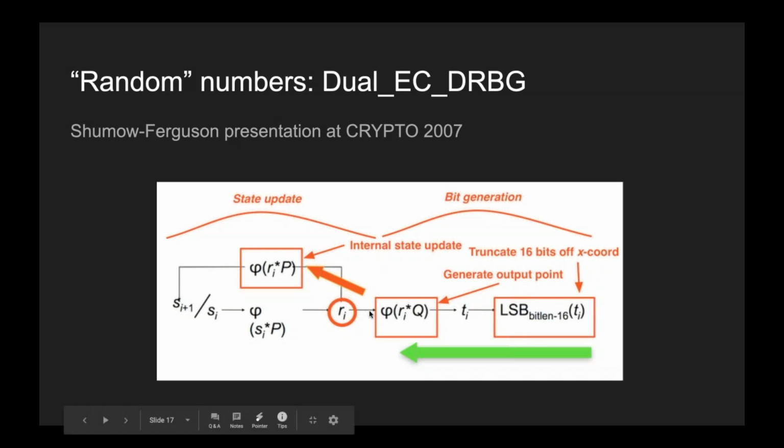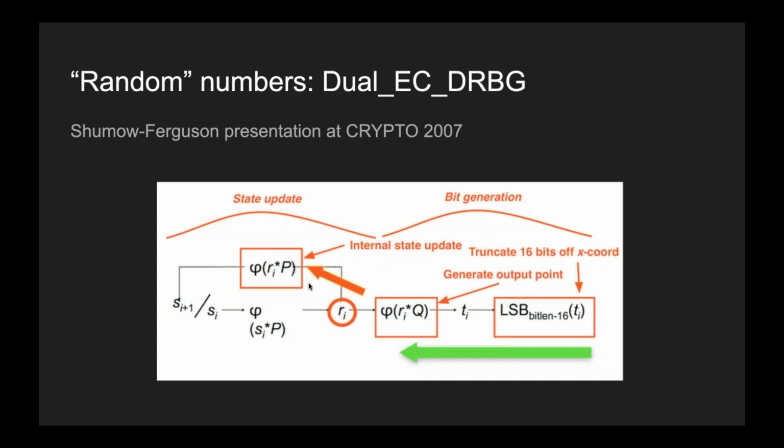We can't undo everything unless you can also undo this red arrow. So this red arrow, there are a lot of symbols in here, but really all I want you to look at is the P and the Q. And remember when we're on the elliptic curve, the P and the Q are your two base points, and then you bounce around a bunch of times.